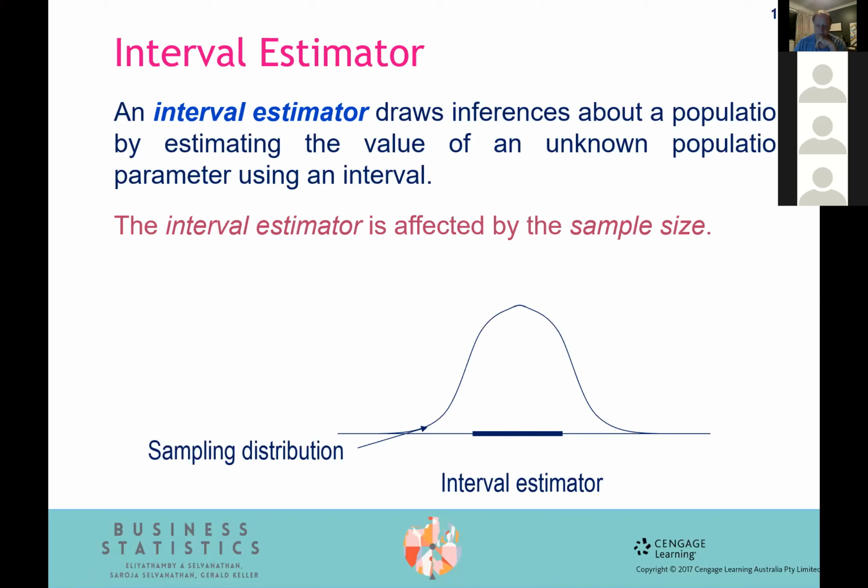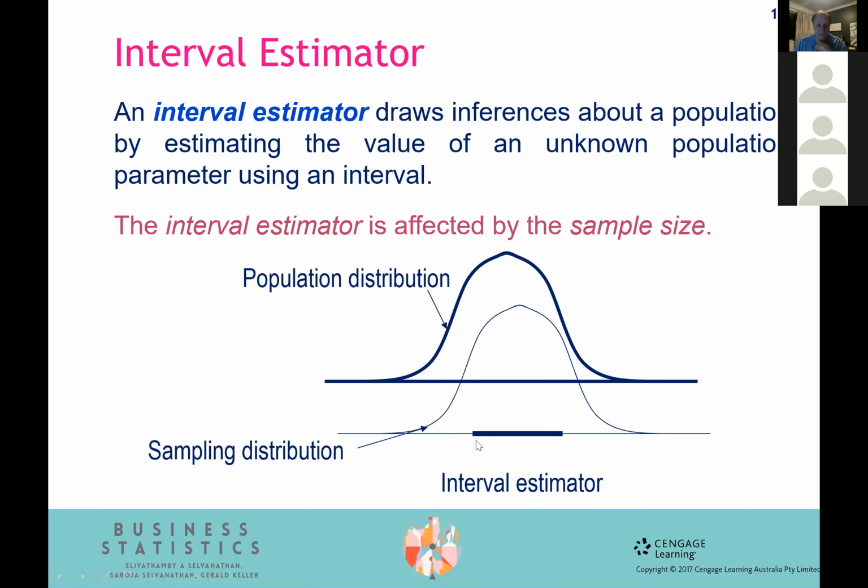But I do calculations on my sample and I say the population mean is between this value and that value. The parameter is what the population is, and as you can see, it's included. And I can make a statement that I'm 95% sure this is the actual population parameter.